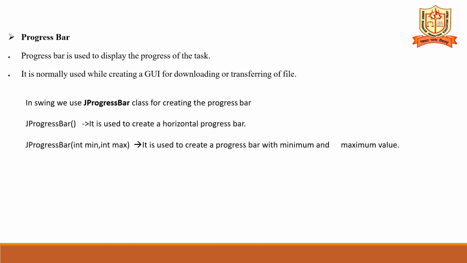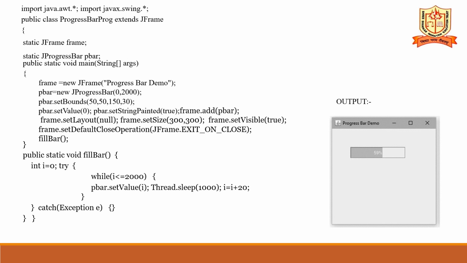And the second constructor, having two arguments, minimum and maximum, is used to create a progress bar with minimum and maximum value. Here we will see the example of progress bar. In this example, create the progress bar with minimum and maximum values, and add this progress bar to the frame.